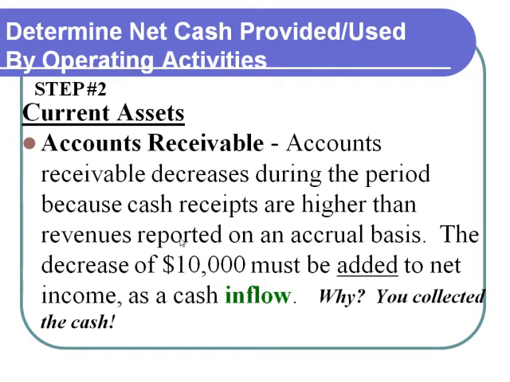Well, accounts receivable went down $10,000. What does that mean? That means we had a beginning balance of 30 and an ending balance of 20. That means the customers paid computer services a net of $10,000. They collected that money. When accounts receivable goes down, that means you collected money.